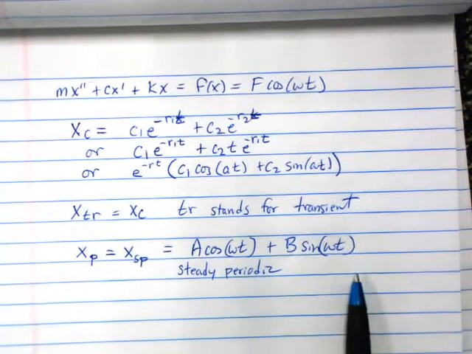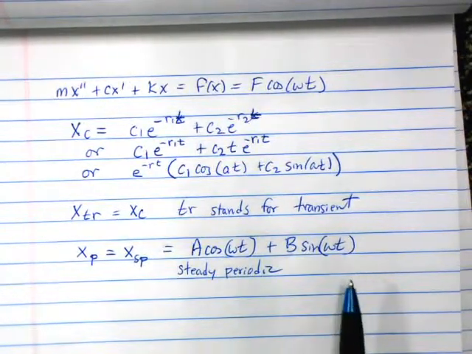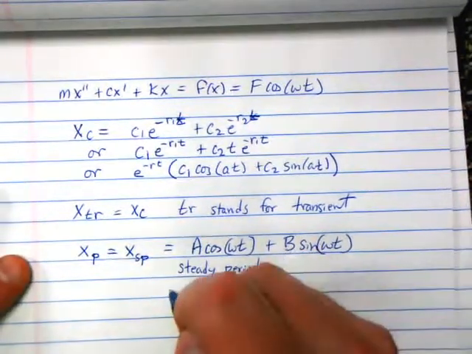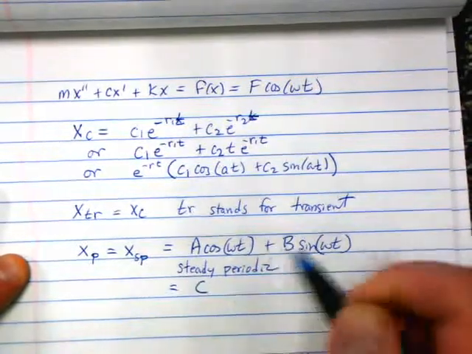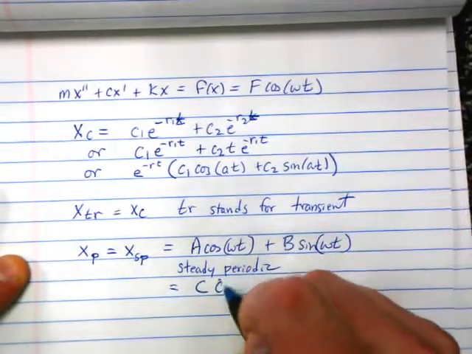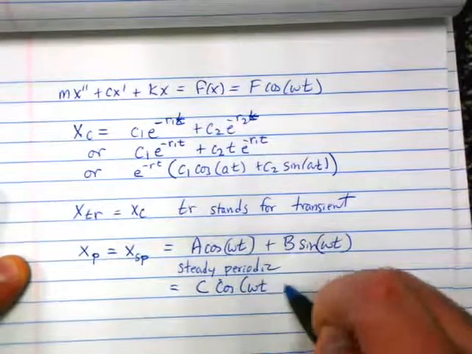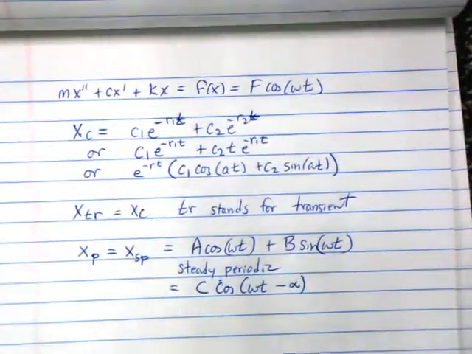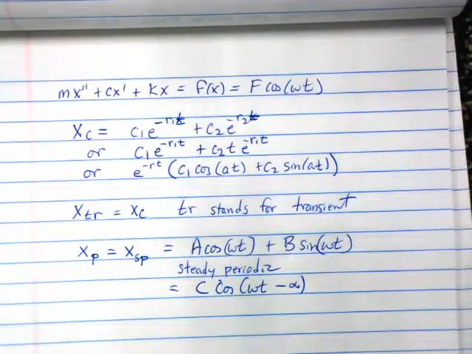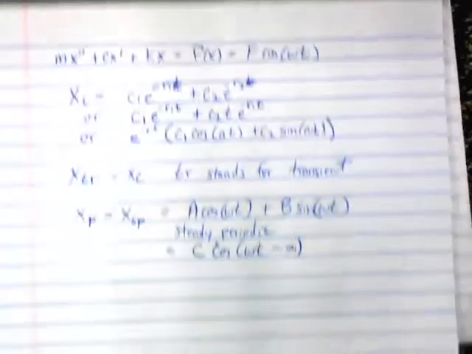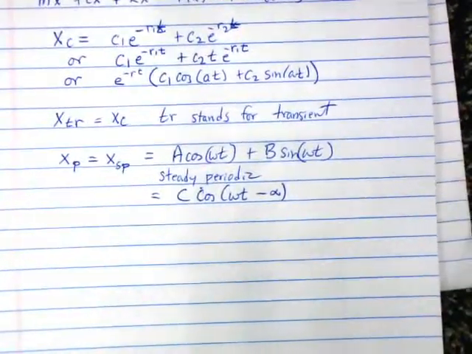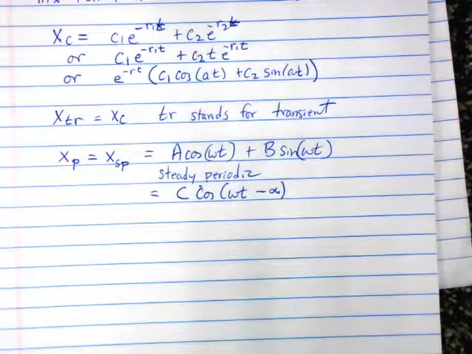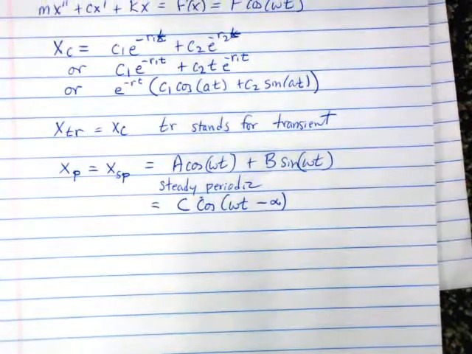The book goes through all that same fancy trigonometry in this section, and you can write this in terms of a cosine function, c cosine omega t minus alpha. And I'm not going to go through that whole derivation. It just works out that way. Questions on that?